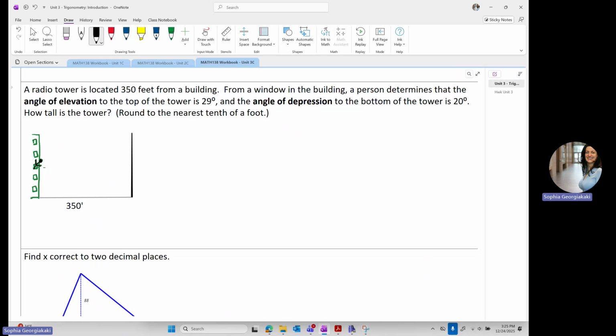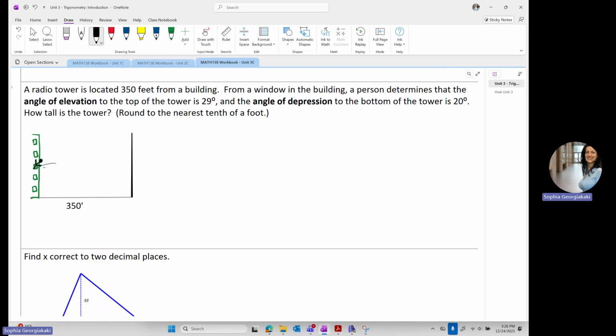So we want to talk a little bit about what is the angle of elevation and what is the angle of depression. It is not in your packet, so you have to know what that means. An angle of elevation or an angle of depression is the angle you make with the horizontal.